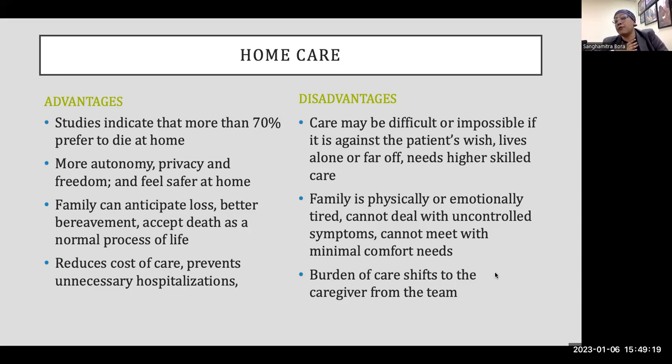So those types of patients would want themselves to be saved, and they would wish to go to a better facility where my life can be saved, not for me, but for my children. So for those types of patients, home care is just impossible.